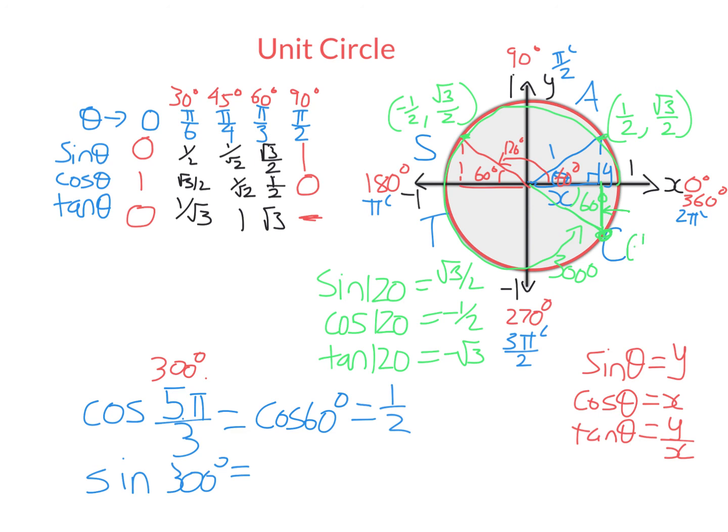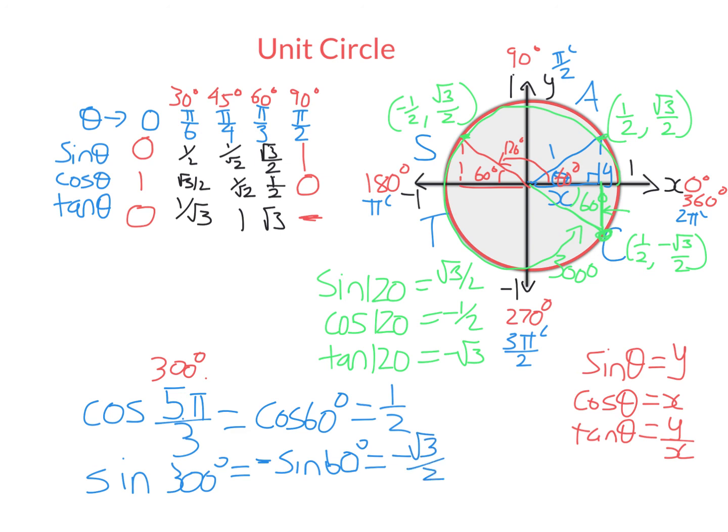This would be the point a half. X is still positive, but y is negative. So sine of 300 is the same as sine of 60, but we know that sine is actually negative in this quadrant. In this fourth quadrant, only cos is positive. So sine 300 is actually minus sine of 60 degrees. It would be minus root 3 on 2.